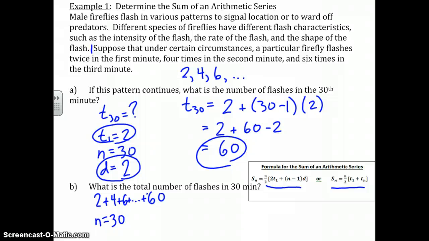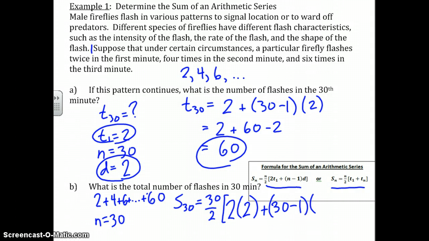So first formula, it'll be S30 equals, and then it's N over 2, so that's 30 over 2, times by 2, times by T1, which is our first term, which is 2, plus, and then N, which is 30, then take away 1, and then times by D, which is 2, and that's what that looks like.